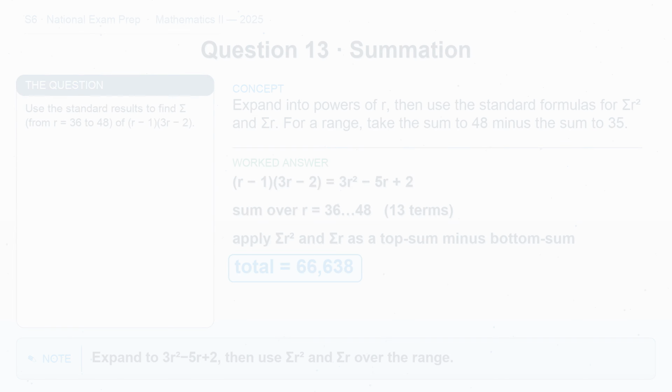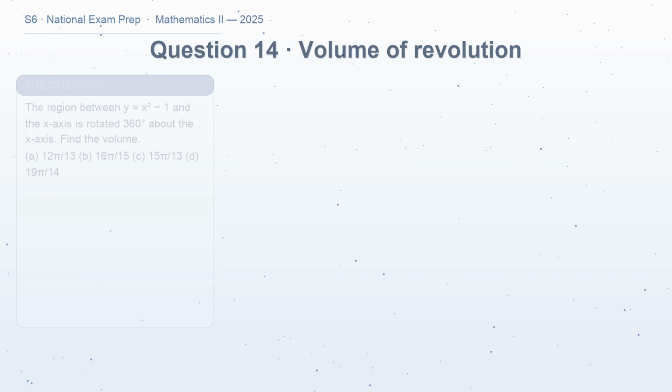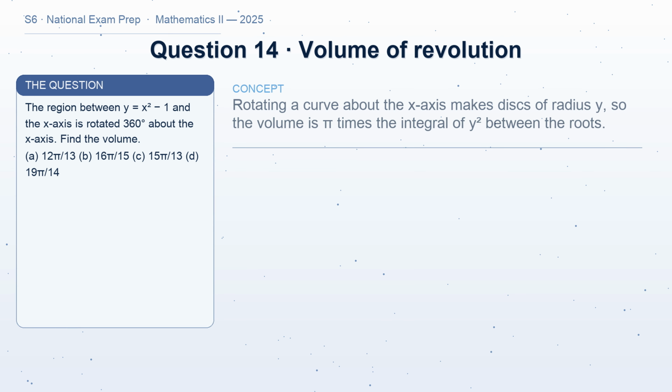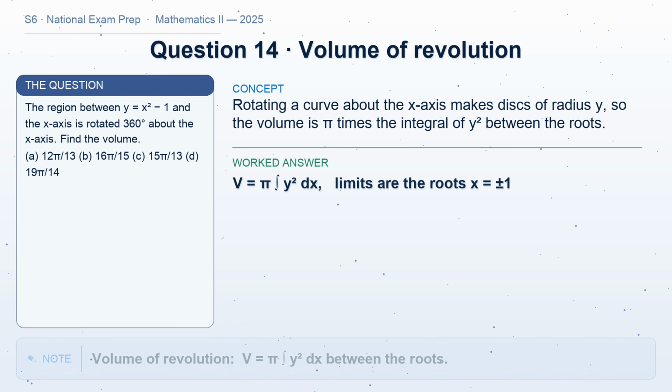The answer is 66,638. Question 14. The region between the curve y equals x squared minus 1 and the x-axis is rotated a full turn about the x-axis. Find the volume. When a curve spins about the x-axis, each thin slice becomes a disk whose radius is the height y. Adding up all the disk areas gives volume equals pi times the integral of y squared.